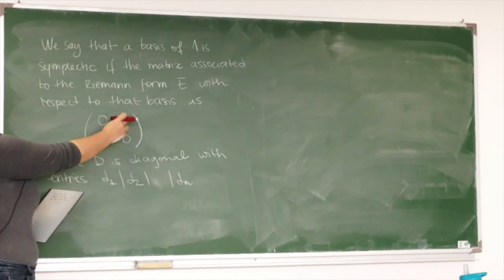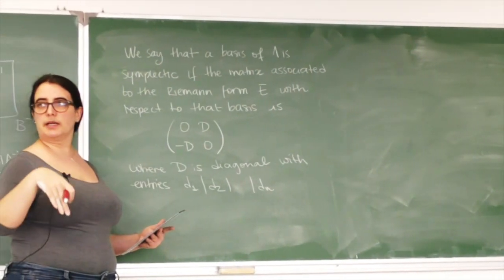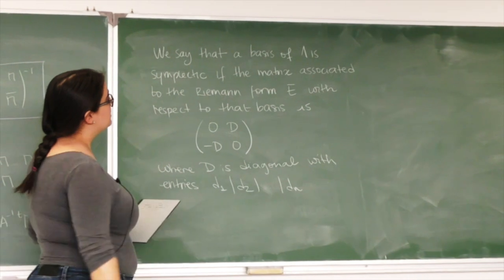Okay, so this is the diagonal matrix, the same on the top and the bottom, and the entries divide each other progressively like this.